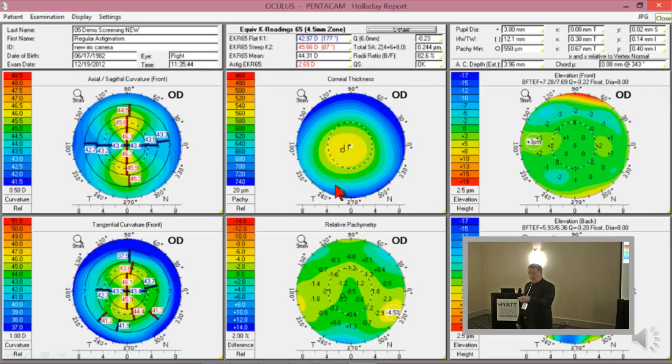Now, the question about pupil size in the EKR 65. A K reading uses a ring, okay? It doesn't look at a zone, it measures a ring. So when you take a K reading that's 45 diopters, what you've actually done on a manual keratometer is you've measured a ring that's 3.2 millimeters in diameter.